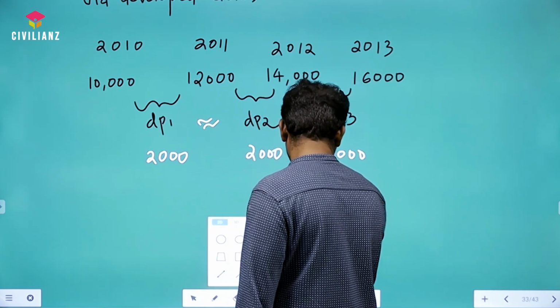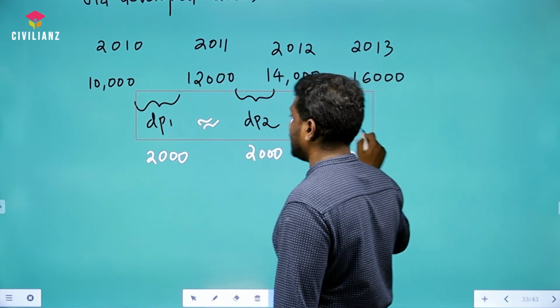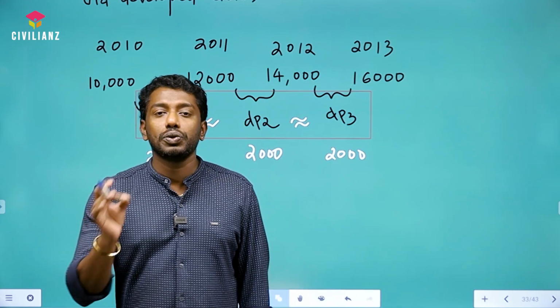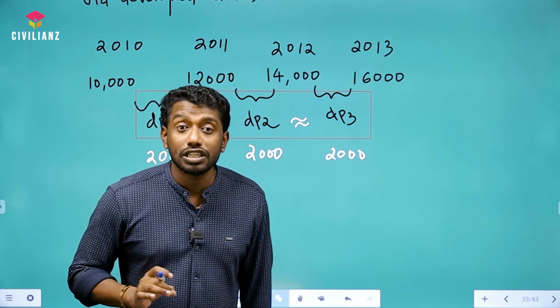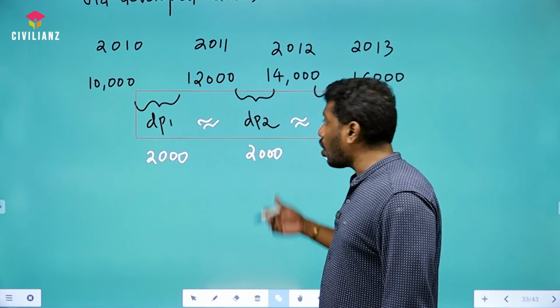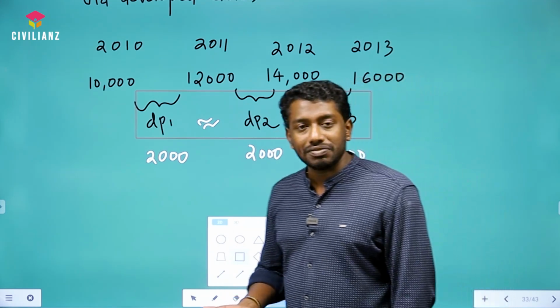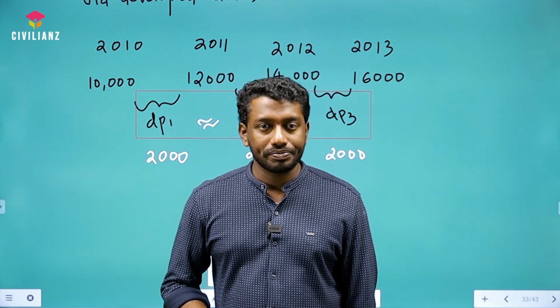Then we can say that the city is an old developed city. Here we can use only the arithmetical increase method. If we use the geometrical increase method here, the value will be wrong. Our forecasting will not be accurate.